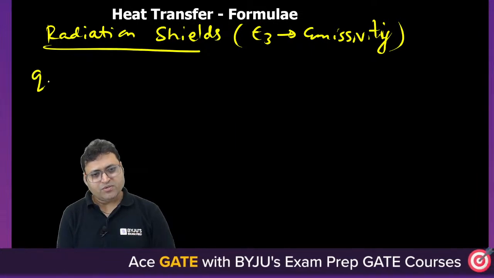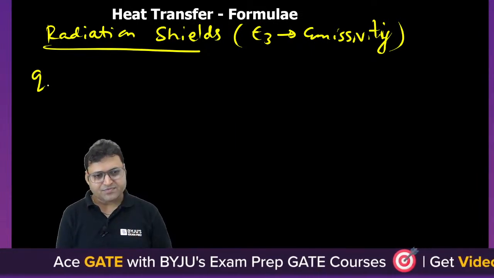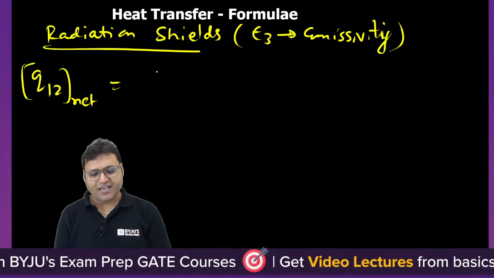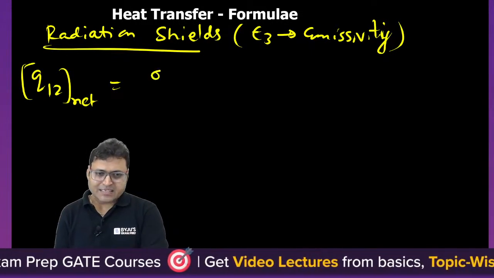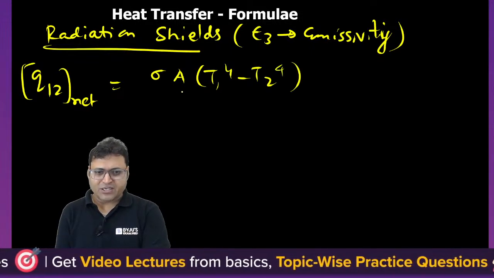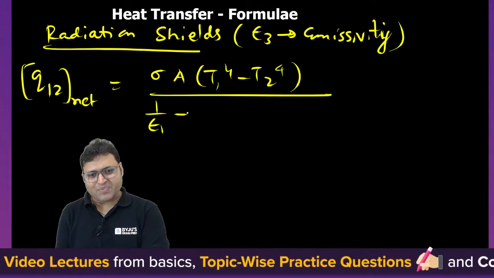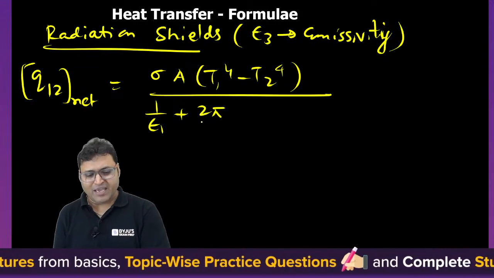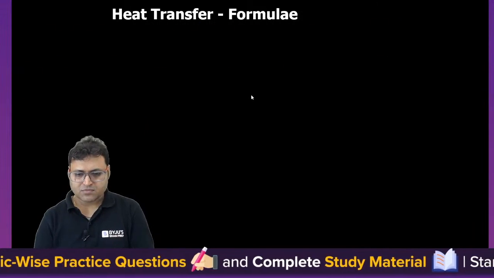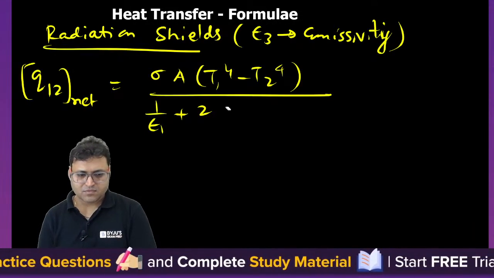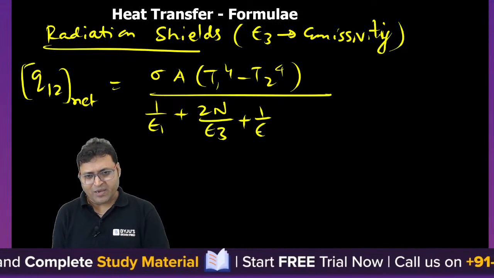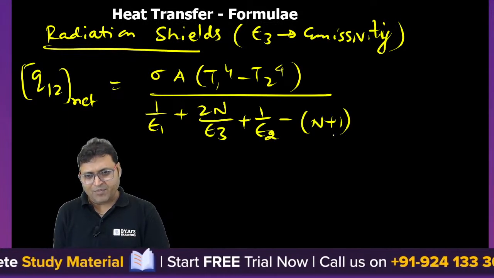So Q net with N radiation shields is given by sigma into A into T1 to the power 4 minus T2 to the power 4 divided by 1 by epsilon 1 plus 2N by epsilon 3 plus 1 upon epsilon 2 minus N plus 1.